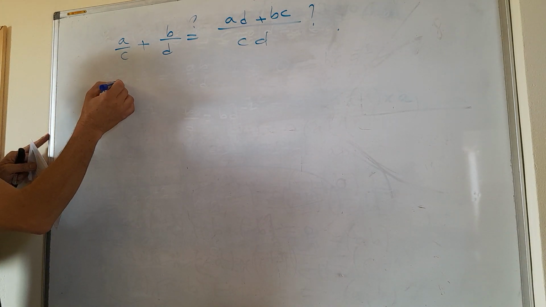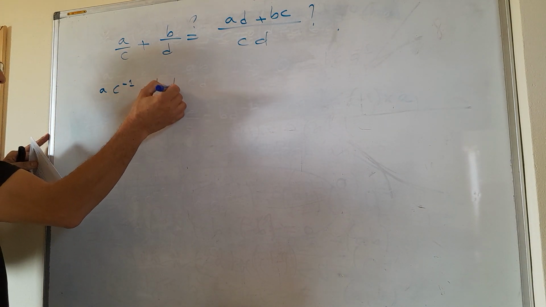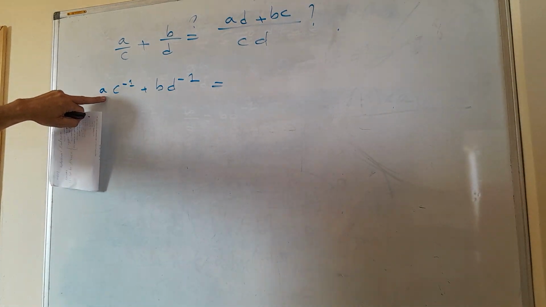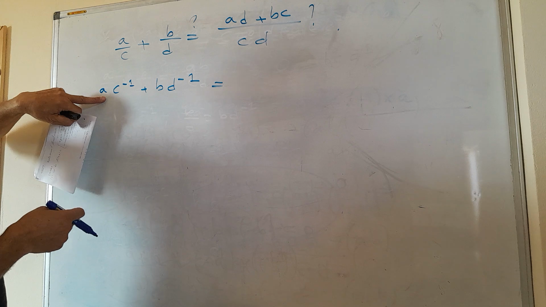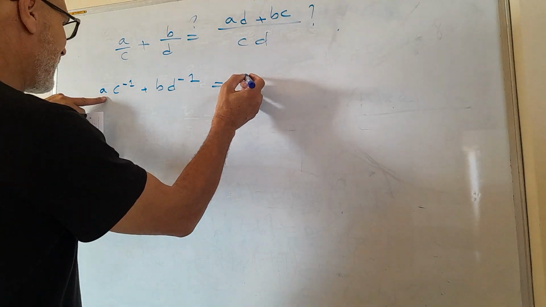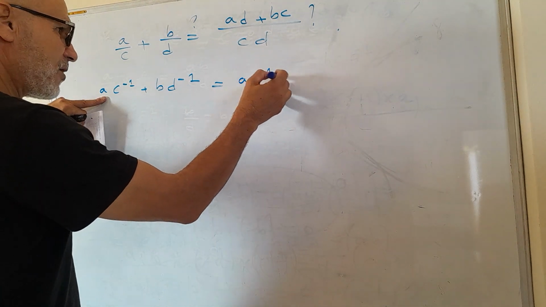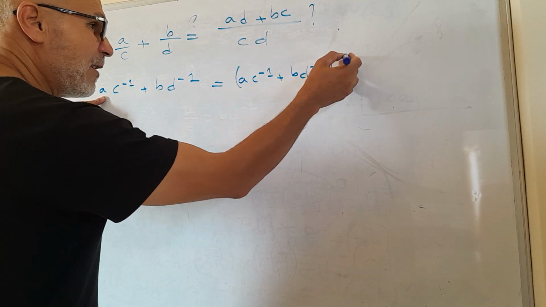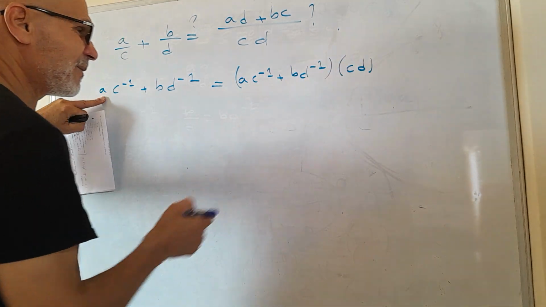So we have ac^-1 plus bd^-1. And in this case, we can multiply both of them by cd. So we can write (ac^-1 plus bd^-1) times cd.